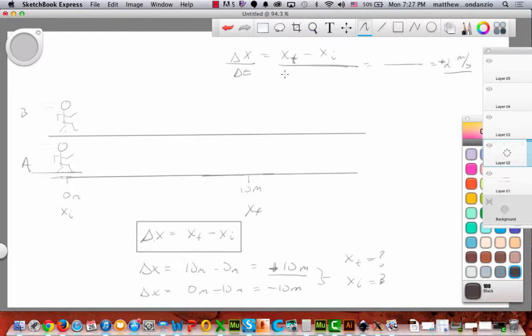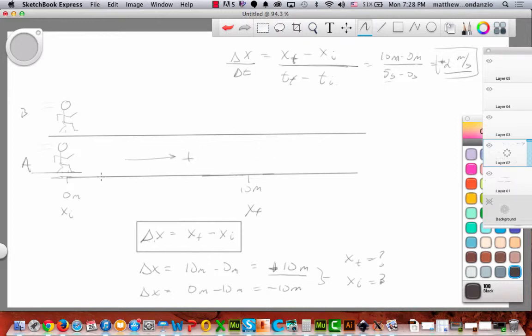We're going to say it's time final minus time initial. So it's 10 meters minus 0 meters over 5 seconds minus 0 seconds. I arbitrarily picked 5 seconds. Let's say it takes 5 seconds to get there. And that means you have a velocity of positive 2 meters a second. So you're moving 2 meters a second in the right direction, because the right is positive.